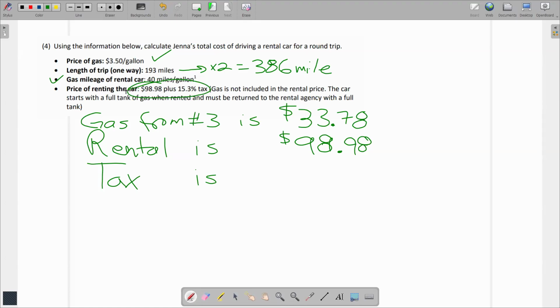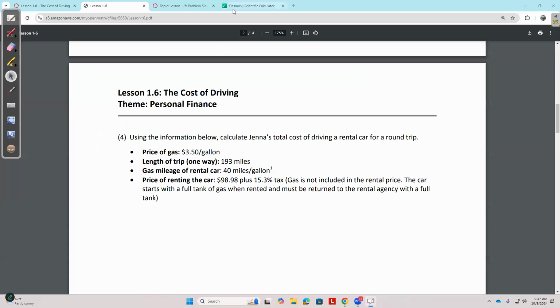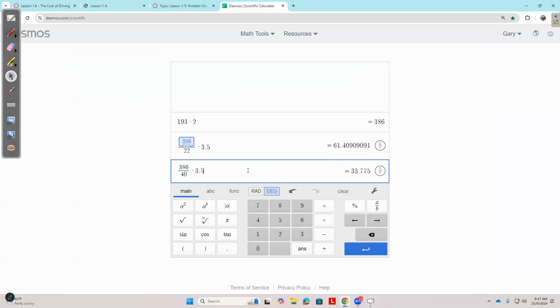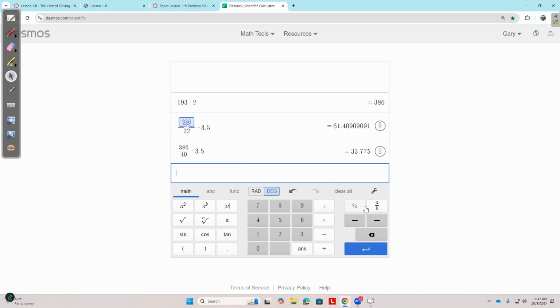There are 2 ways to do that, depending on your calculator. Desmos has a % button, so I could use that, but first I'm going to do it without. Without, I want to take my 98 and multiply that by 15.3%.